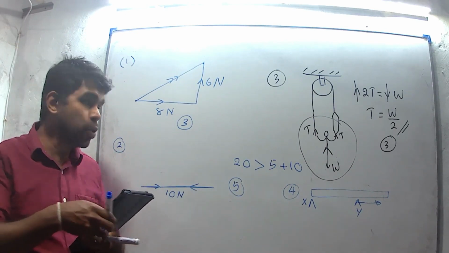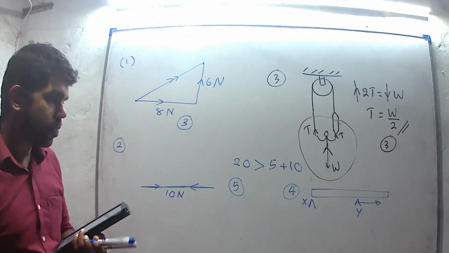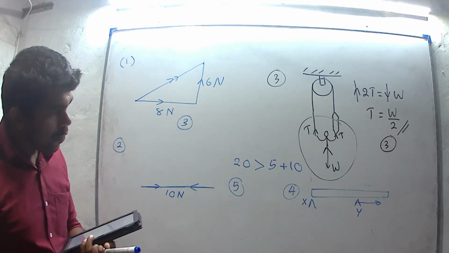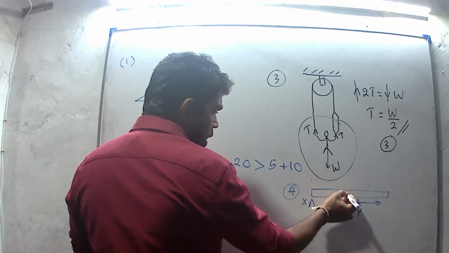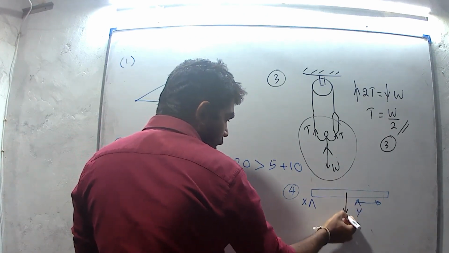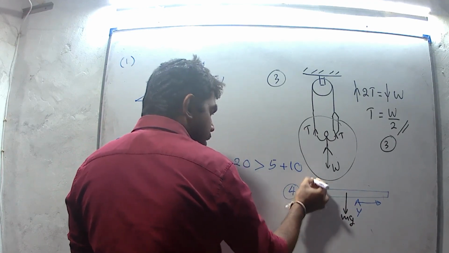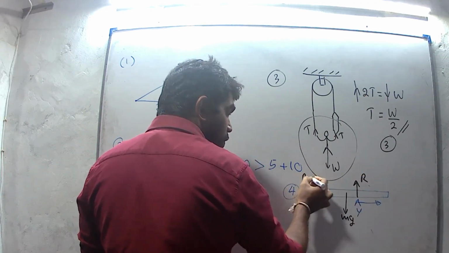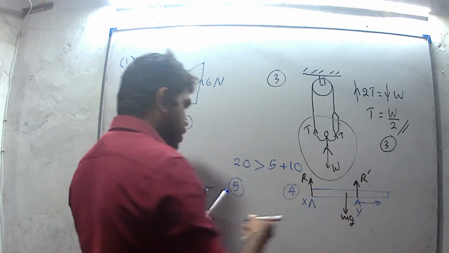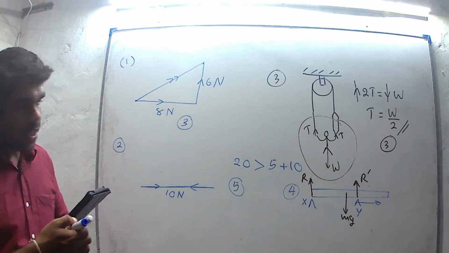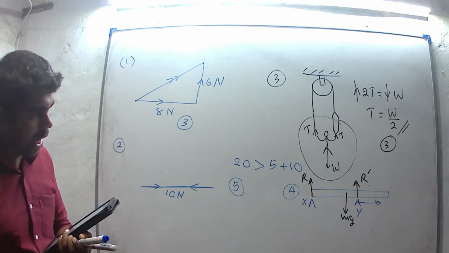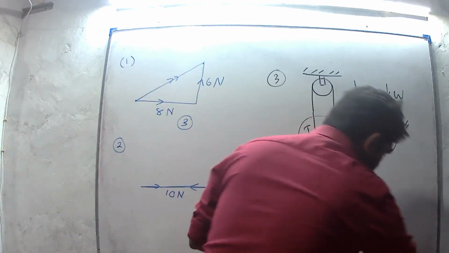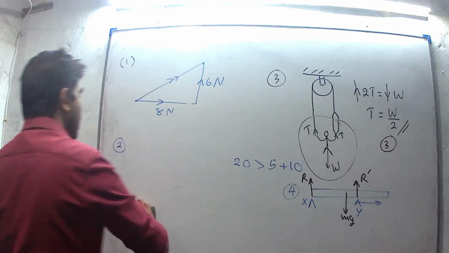When moving Y to the right hand direction, we can consider forces. I will consider the weight of the rod, reaction at X and reaction at Y. There are different values. Therefore, I will consider this reaction as R dash. Then we can get the relationship by using torque around a point on the rod.